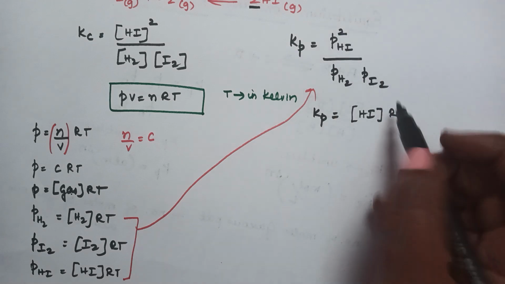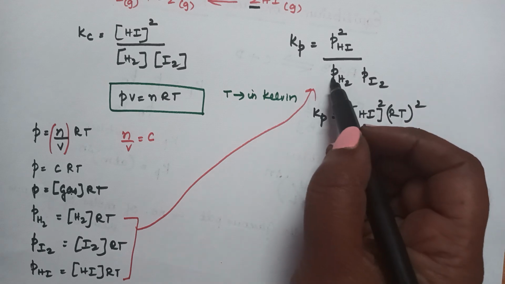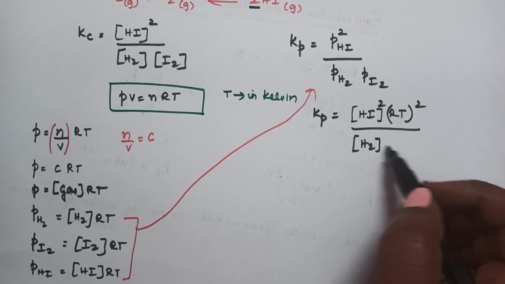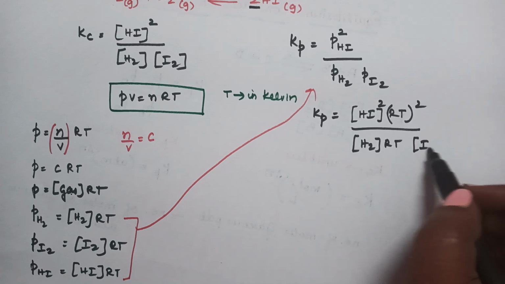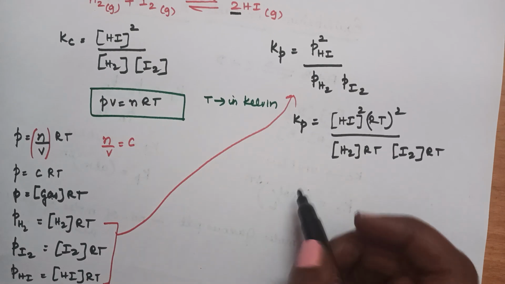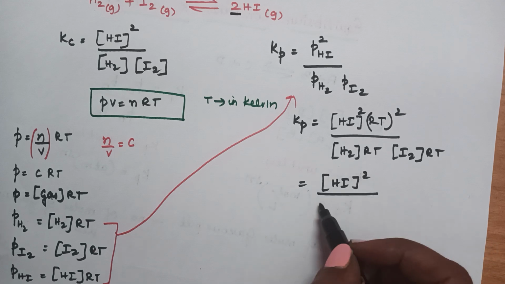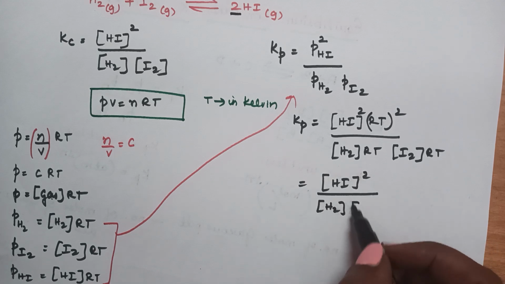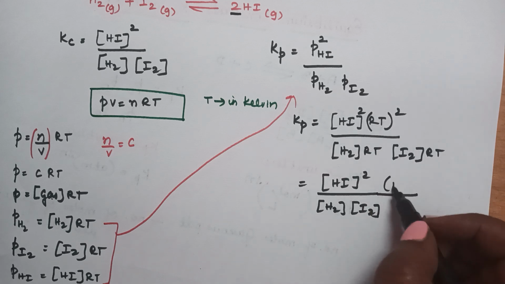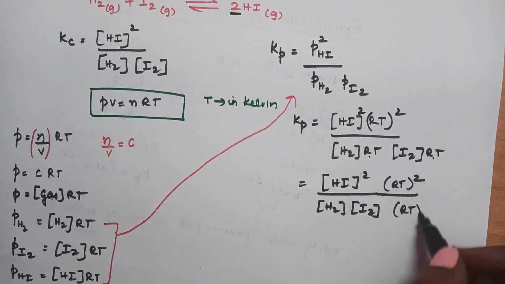There is a square, so square for both the terms, divided by P of H2, which is H2 RT, and then I2 RT. So this is what you will get. Now this is equal to HI square divided by H2 I2, and here we have RT square in the numerator and RT into RT in the denominator.